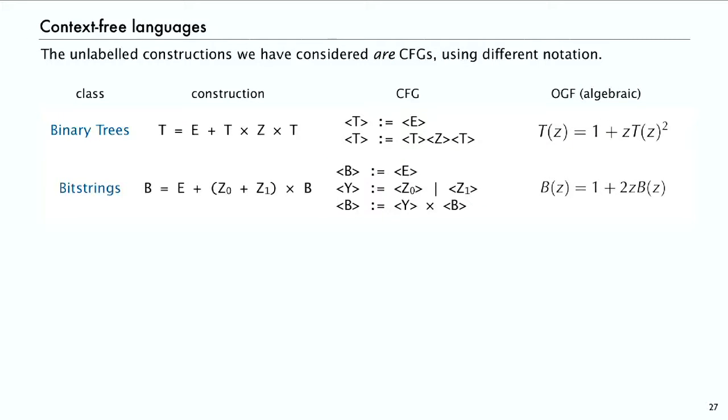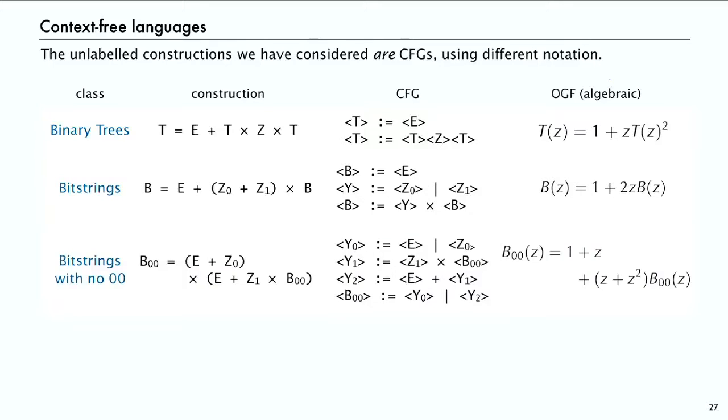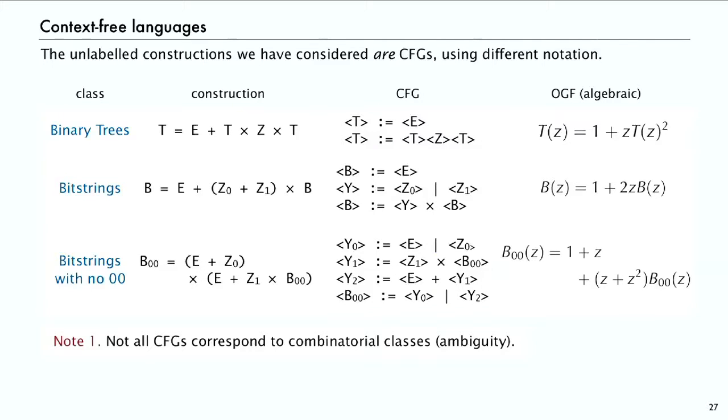It can be recursive. So this is for bit strings, and it's a little more complicated to represent it as a CFG, but not that big a story. Really, it's just different notation, and bit strings with no 0 0, and so forth.